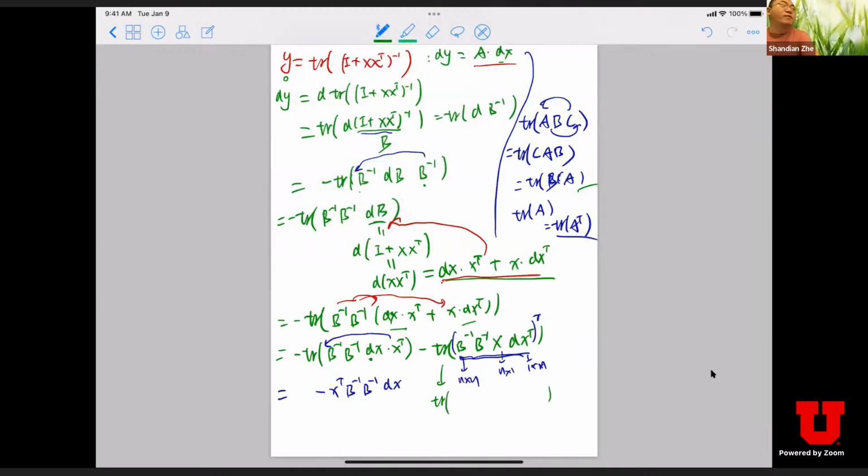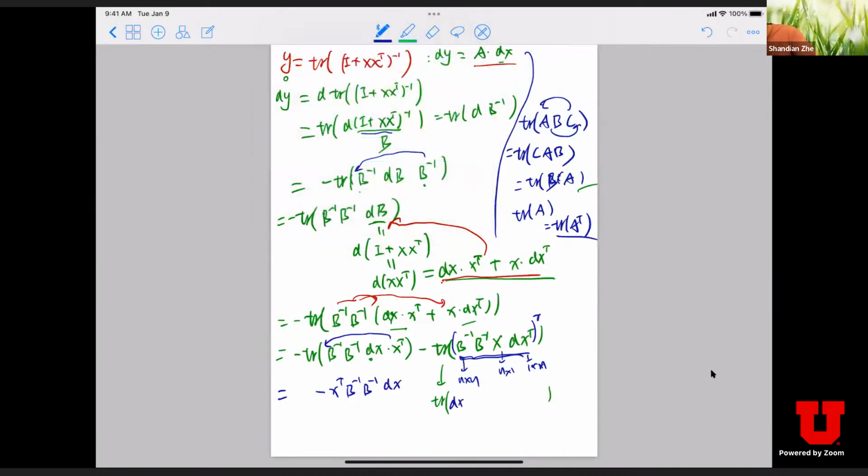What's the transpose of this B minus x dx transpose? Let us apply the rule of doing transpose over the product of matrices. We do the transpose of every term in the product and then reverse the order, that's what we have learned from linear algebra. So I do dx transpose and transpose again and put it in the first place, which will be dx.